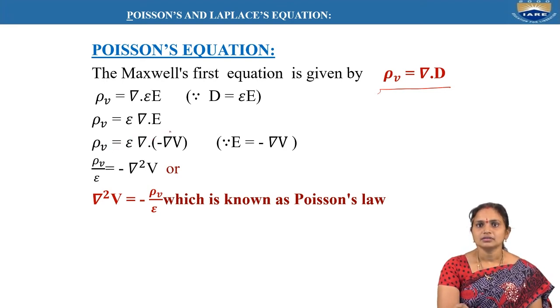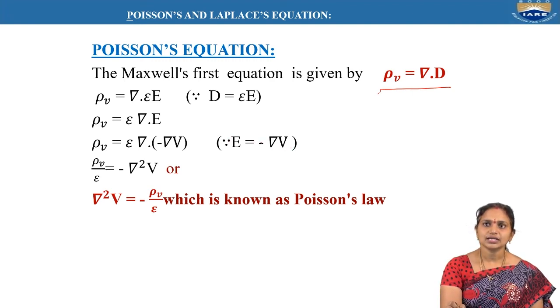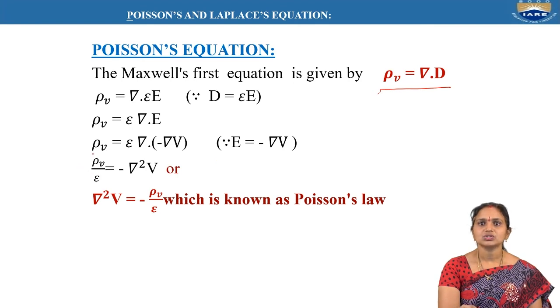If you recollect the relation between electric field strength and potential, E equals minus del V, the gradient of the potential. Then E can be replaced with minus del V. So rho v equals epsilon del dot, with E substituted in terms of potential, minus del V. The divergence of a gradient becomes del square.